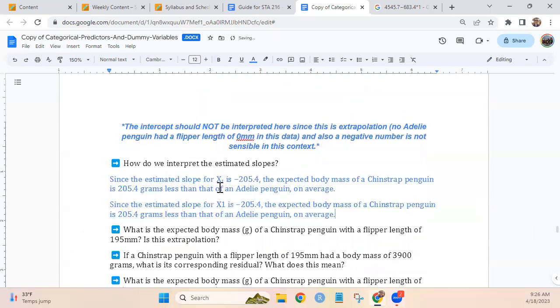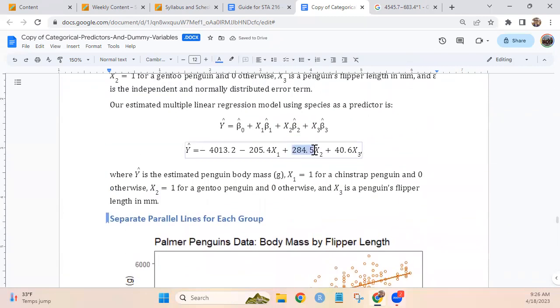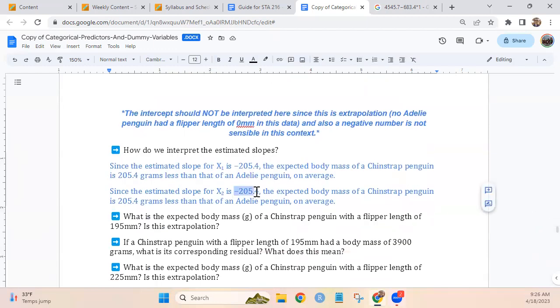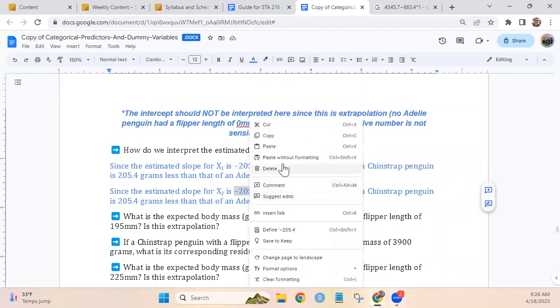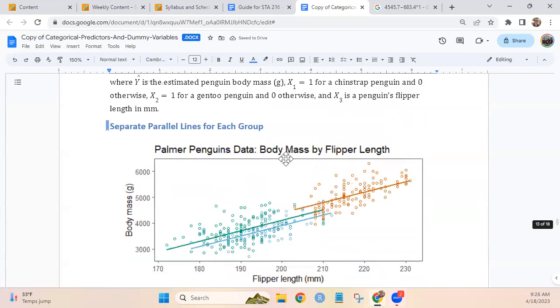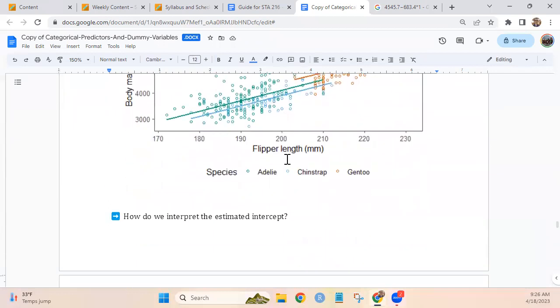Okay, what about x2? So for x2, the estimated slope was 284.5. So the expected body mass of an... x2 is the indicator for being a Gentoo penguin.